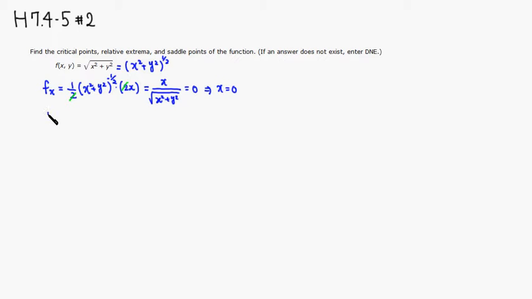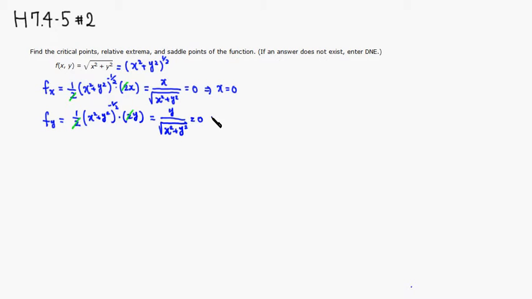And we take the partial with respect to y. So put 1/2 in front, and then you have x squared plus y squared to the negative 1/2 power, same as before, but the partial of the inside with respect to y would be 2y. So we can cancel those, and we get y over the square root of x squared plus y squared equal to 0.